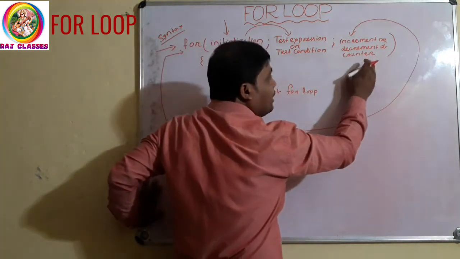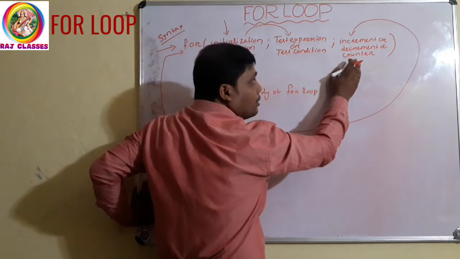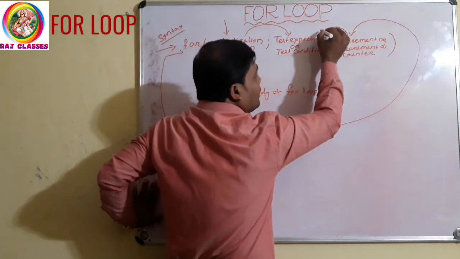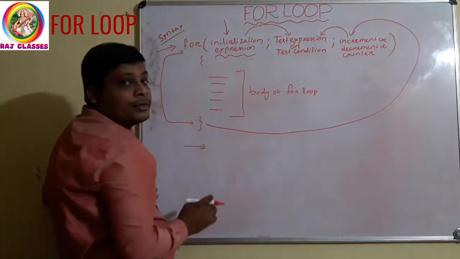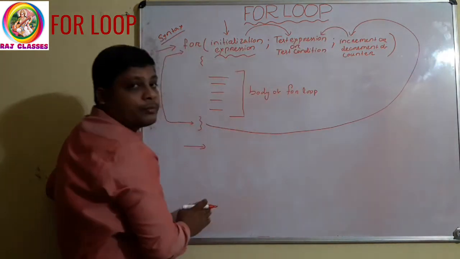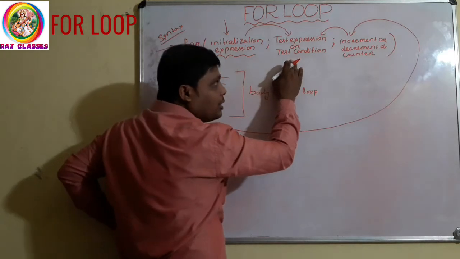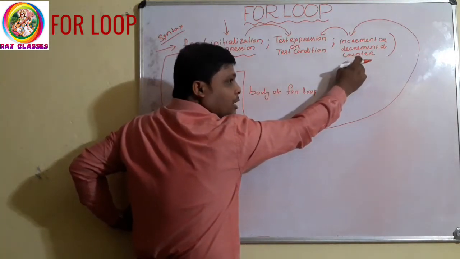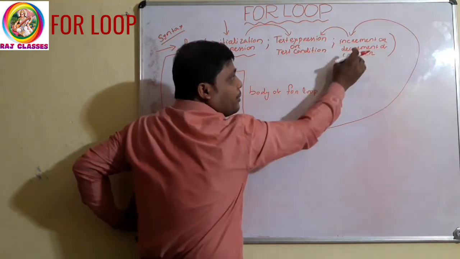Here the increment or decrement will be done, and after that the control will go to which part again? Test expression or condition part. Again it will check the condition with the new value, because here the counter is incremented or decremented.